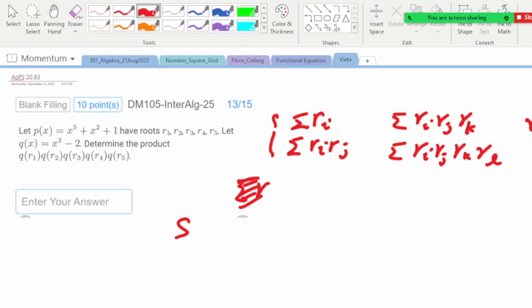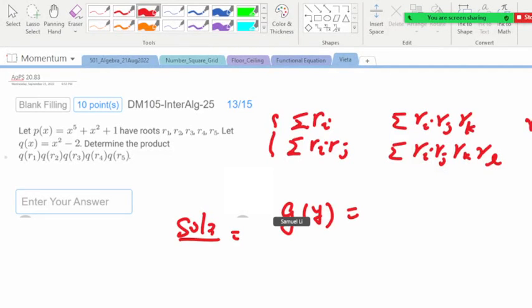So let's use solution 2. Solution 2 is we want to find a function of y, right? We expected the degree of g(y) to be what?